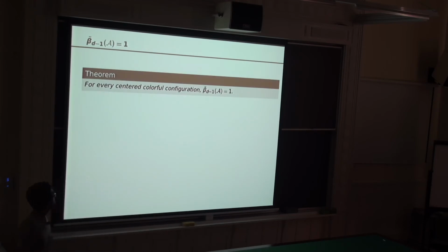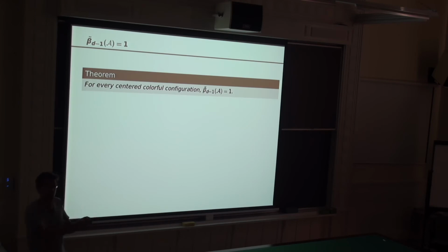And to prove that this is at least 1 is not hard, because we already have one colorful simplex that contains the origin. This is actually the colorful Carathéodory theorem.